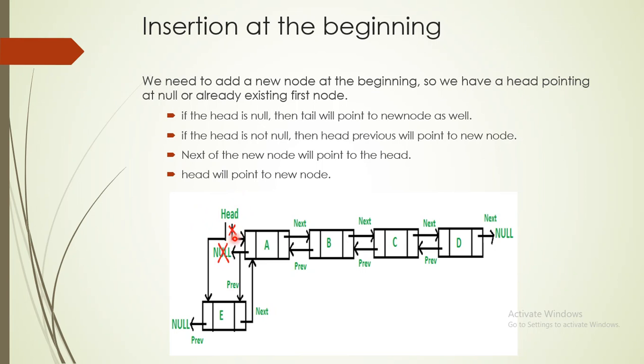If head is not null and we are already having a doubly linked list and head is pointing to a node already, then first of all, head's previous, like this A's previous, will point to the new node.